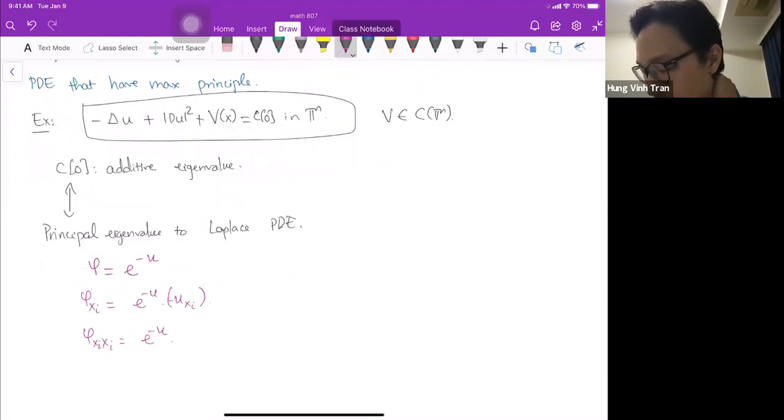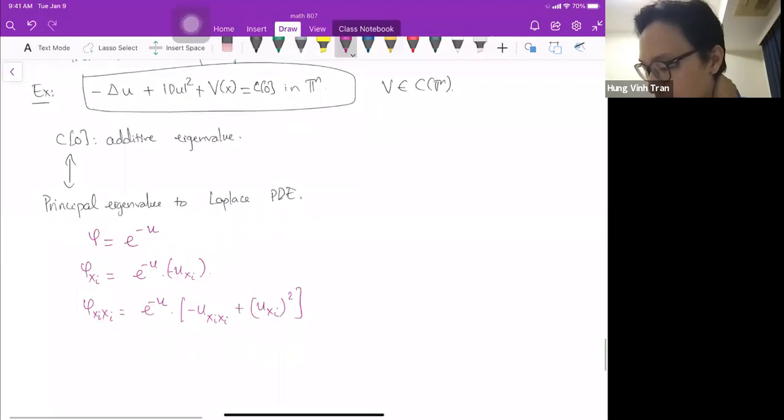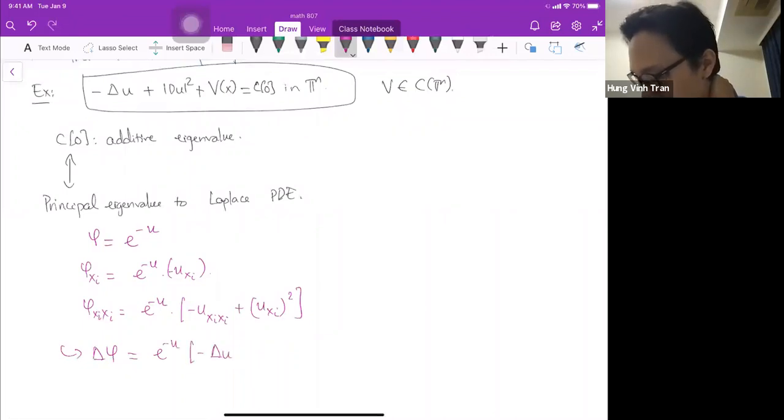You can differentiate this one twice, so you have minus u xi xi, or if you hit the derivative on the exponential, you have u xi squared. Okay, so this helps you to compute the Laplacian of phi equals e to the minus u times minus Laplacian of u plus Du squared. I think I got the correct sign.